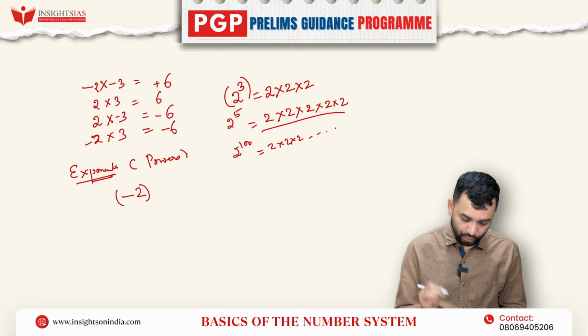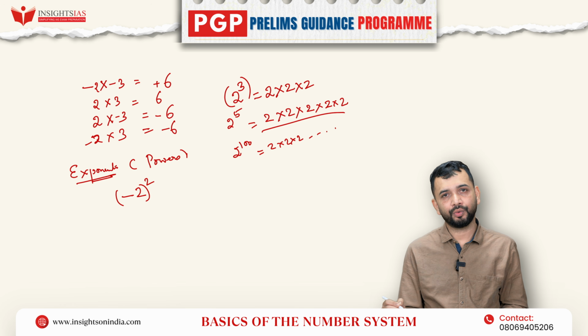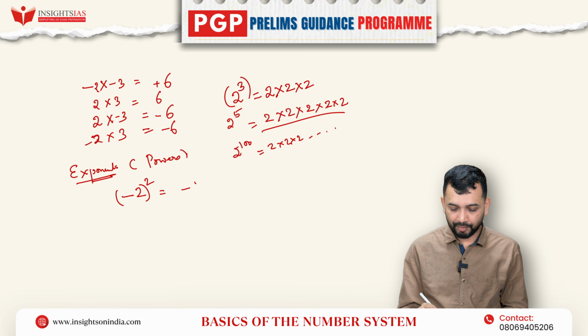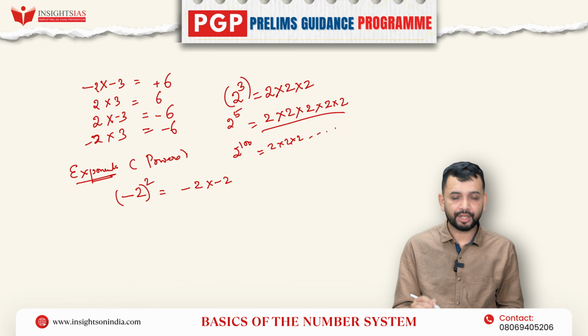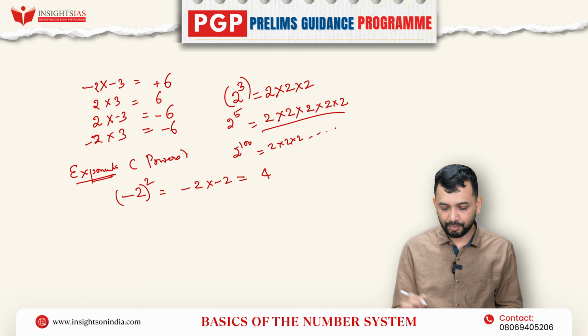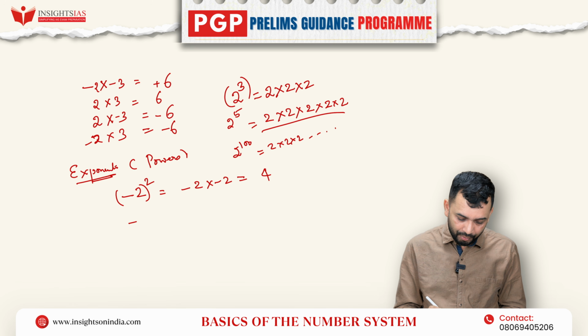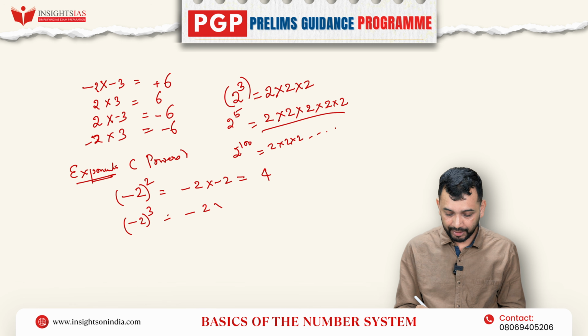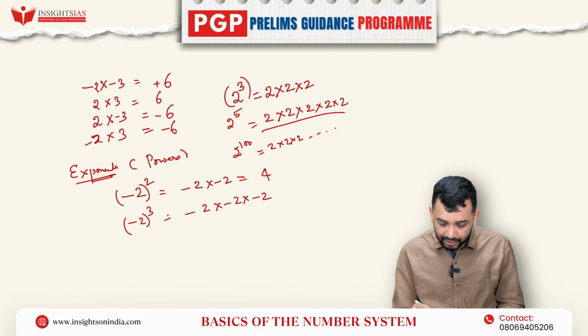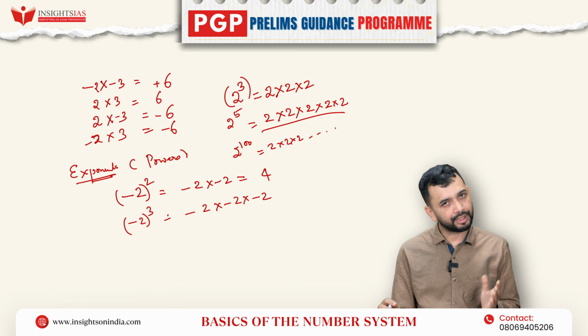Let's say -2 to the power 2. So what you are doing basically here, you are multiplying -2 into -2. Now you already know if there are two negative numbers, the answer will be positive. Similarly, if I have -2 cube, what I am basically doing is multiplying -2 with another -2 with another -2. Now you know that -2 into -2 is already 4.